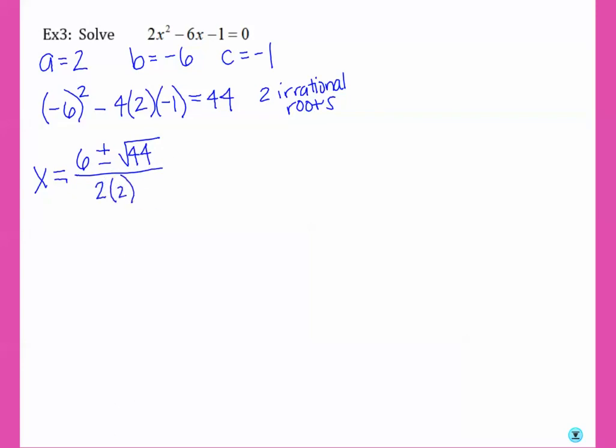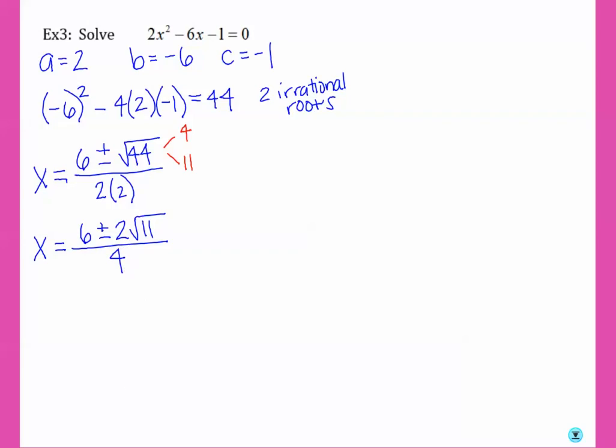So let's simplify. What's the biggest perfect square that goes into 44? That would be 4 times 11. So x equals 6 plus or minus the square root of 4 is 2, and the square root of 11 is a decimal, so we'll leave it as the square root of 11 over 4.